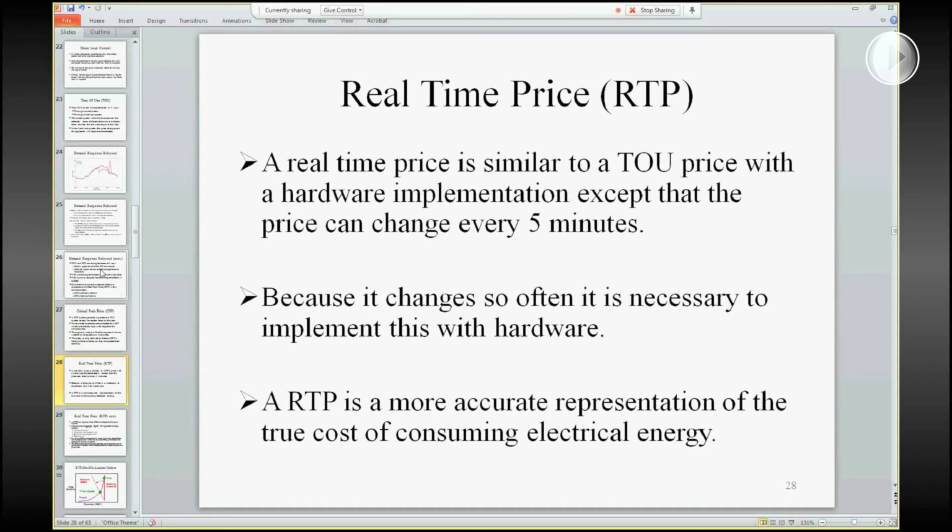So this needs to all be done in automation via hardware. Whether this is a smart communicating thermostat or a home energy management system, whatever those pieces might be, when you're talking about real-time pricing, we're looking at much more of how this is done in hardware rather than the consumer response to it.